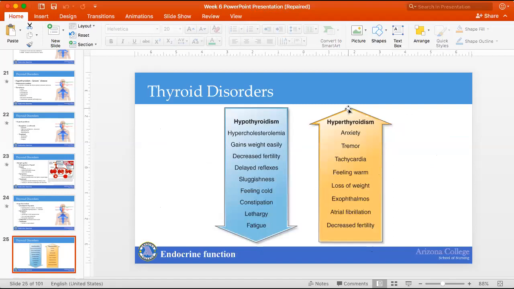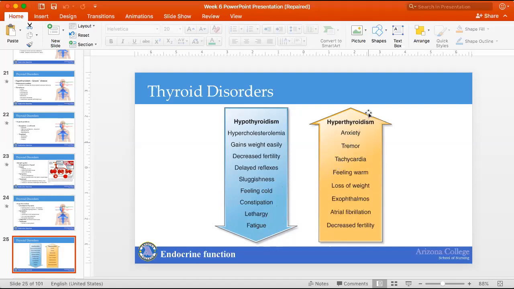And this is a nice slide showing the differences in the signs, symptoms, and issues that you will see. So with hypothyroidism, you typically would have high cholesterol levels, easily gain weight, decreased fertility and reflexes, sluggishness, feeling cold, constipation, lethargy, fatigue.